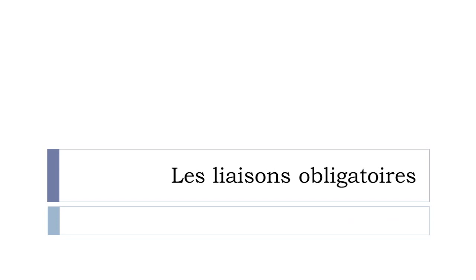Les liaisons obligatoires. So since we started this Learn French with Vincent videos, I've been talking quite much about les liaisons, so these little links that you can put between the words. And so, of course, we've got some rules for these things.